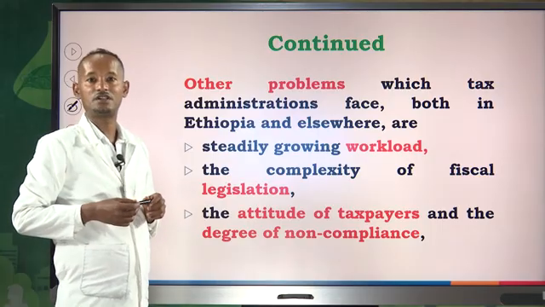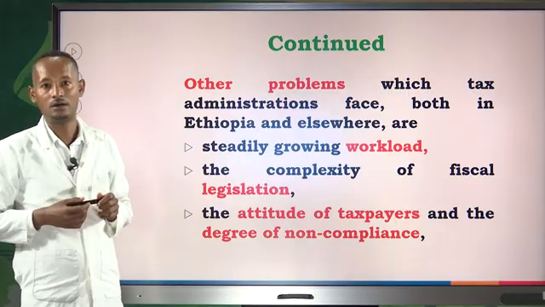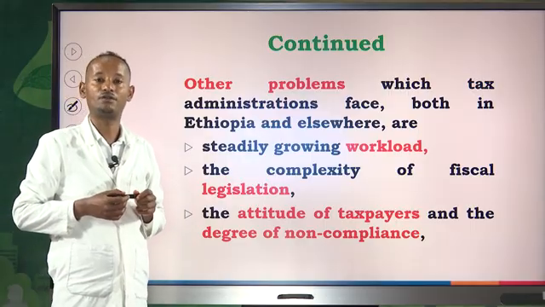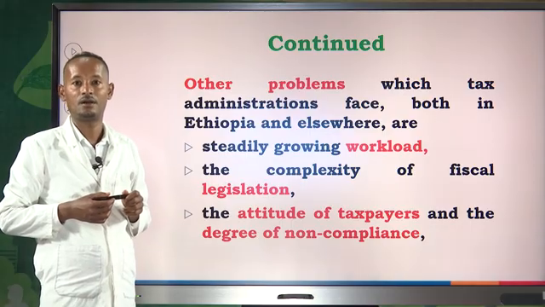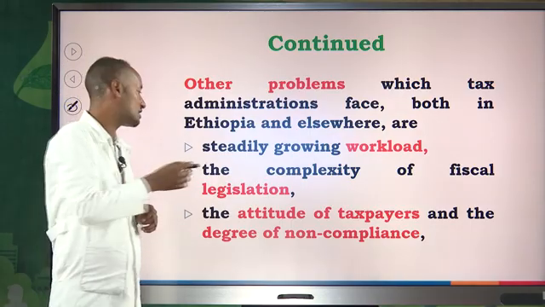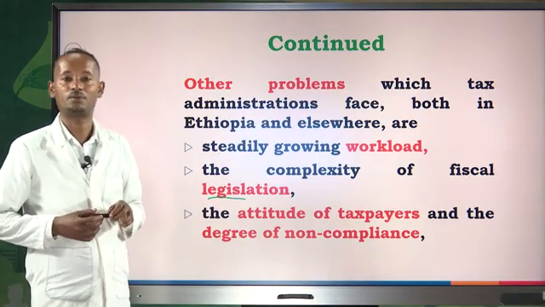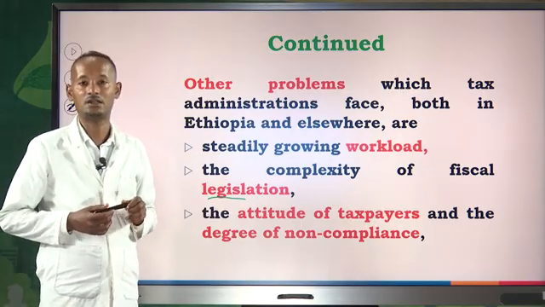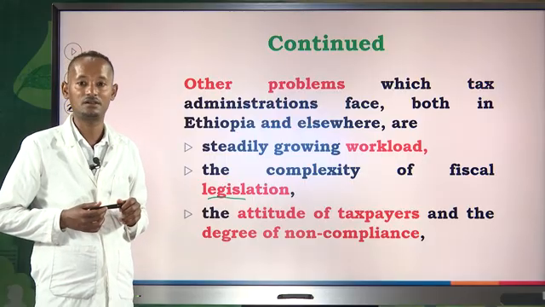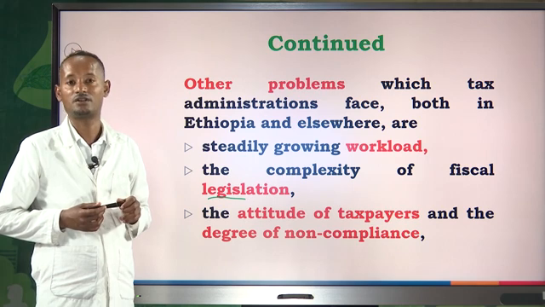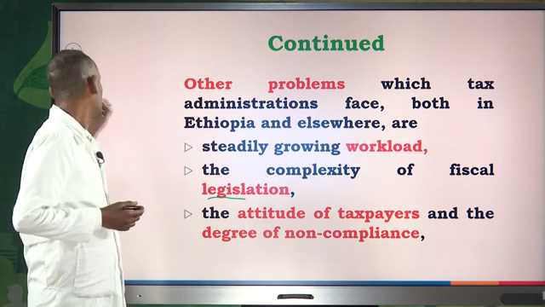The other problems which tax administrations face, both in Ethiopia and elsewhere, are a steadily growing workload of tax for the employees of the tax authorities, the complexity of legislation and the legal system to address tax problems, the attitude of taxpayers, and the degree of non-compliance, the degree of the taxpayers' compliance with the tax laws. This is the problem of tax.